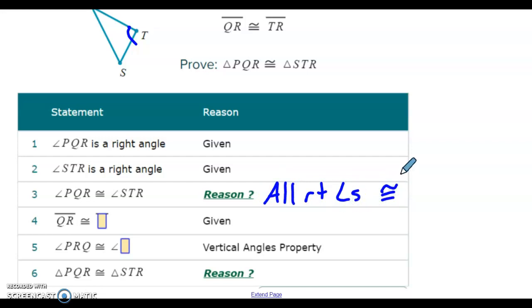So if you know you've got a couple right angles, they're going to be congruent because all right angles are congruent. The next blank that we're looking at is QR is congruent to something else. And if we look in the reason column, it's actually the given statement. So it tells you right here what QR is congruent to. So that's going to be TR.